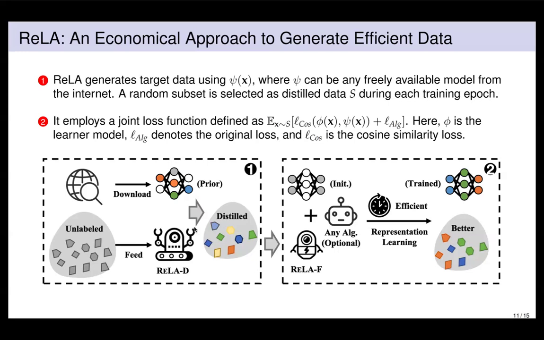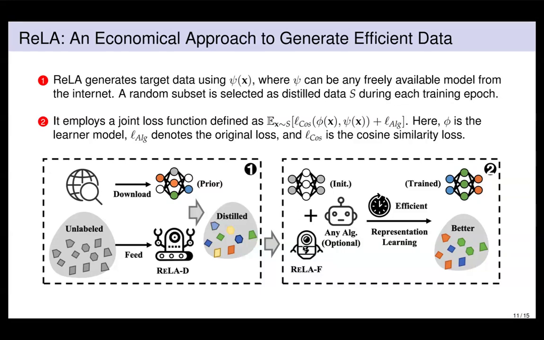And we use this prior model to do an inference on the unlabeled data, and after this inference, it will generate the corresponding representations or the features of the data, and we just randomly select a subset of this new data as the display data during each training epoch.